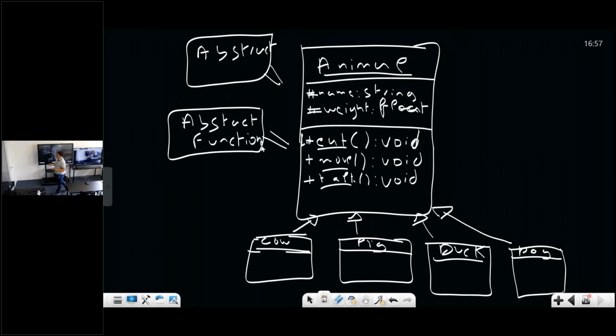So the idea here is to implement this functional part in the concrete class and let the abstract class define the description, so the attributes, the common attributes, and the common characteristics and mechanics of every animal. So this is the role of an abstract class.